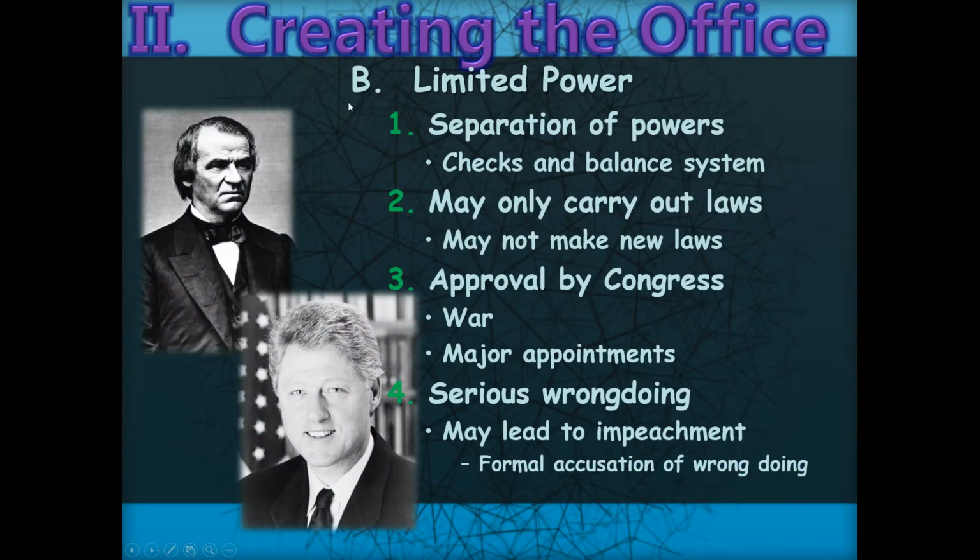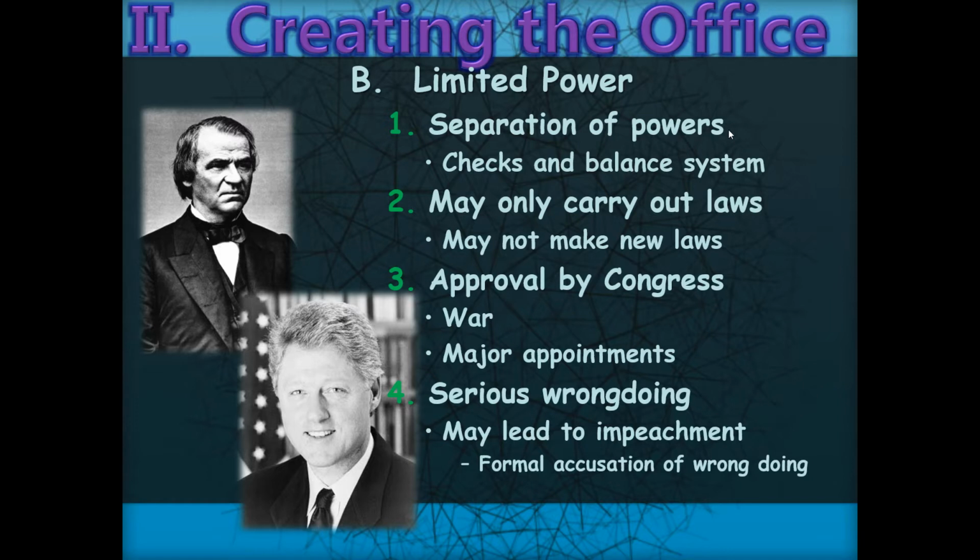As far as checks and balances, the president has a lot of leeway to do what he feels is necessary between executive orders, executive agreements. However, he cannot make laws himself. That is left up to Congress. And the president needs approval by Congress for major appointments, such as people to serve in his cabinet.